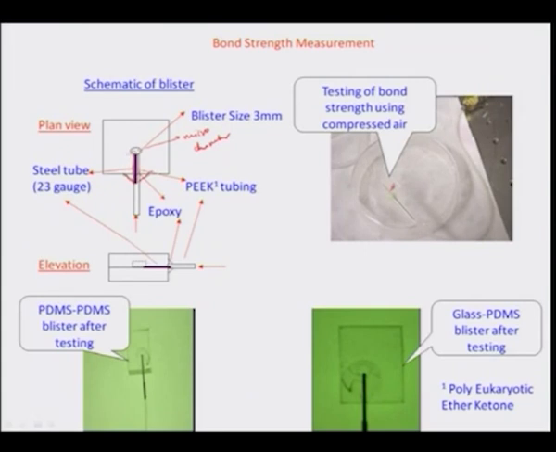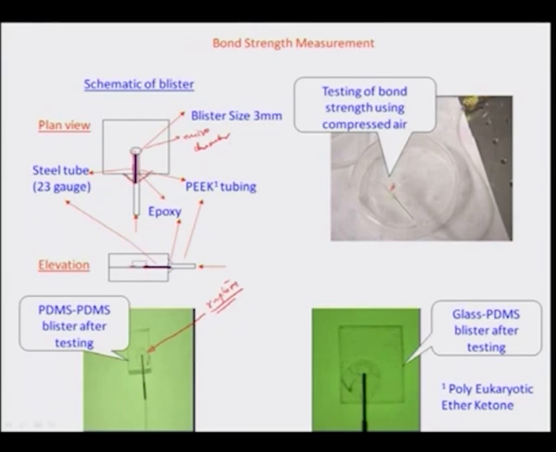And so, what happens is that if you control this air at a certain pressure, there would be an expansion of this chamber until it develops a rupture. Even before the rupture, you can see under a microscope that the two layers are getting separated along the edges. So, that is the basis for determining the bond strength.